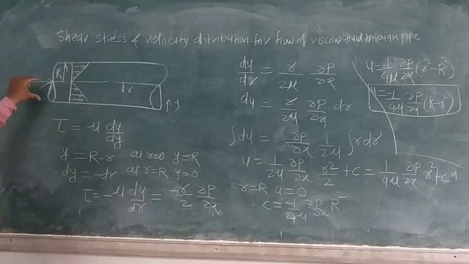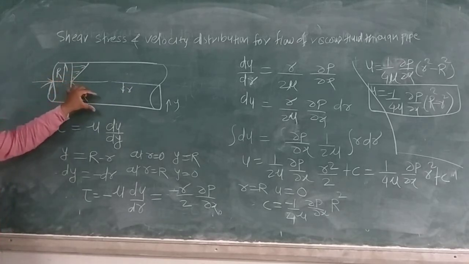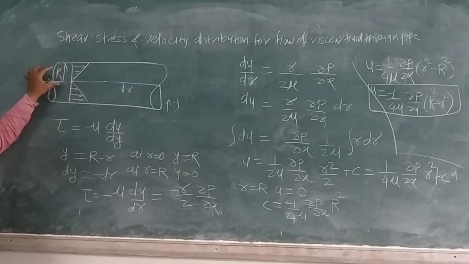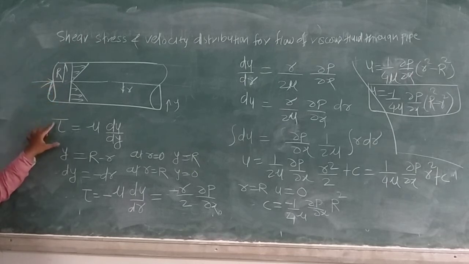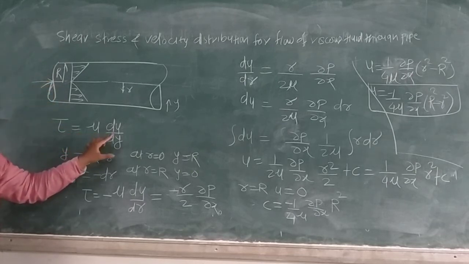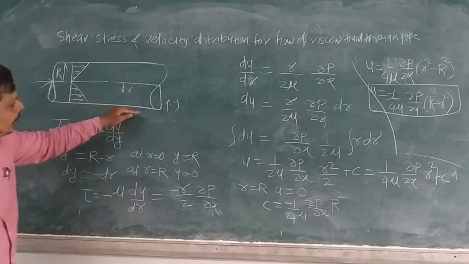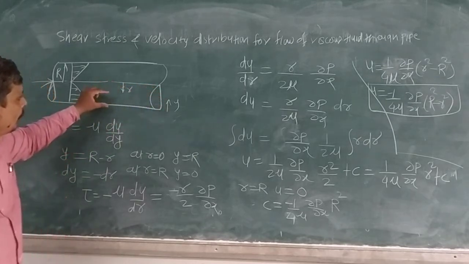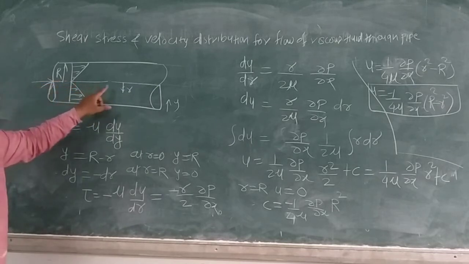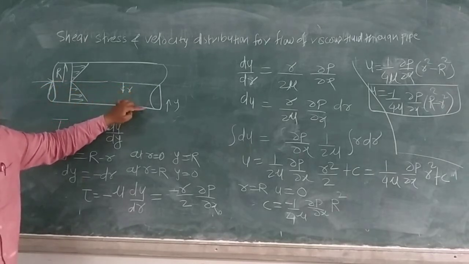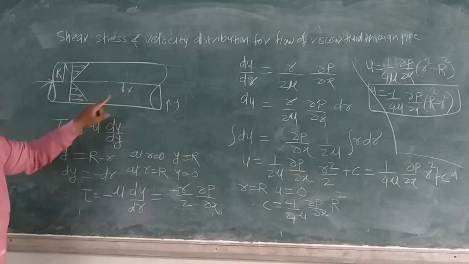So we consider the fluid flowing through this pipe of radius capital R. Now we know the shear stress is equal to mu du by dy. Taking y from the wall, y equals capital R minus small r.